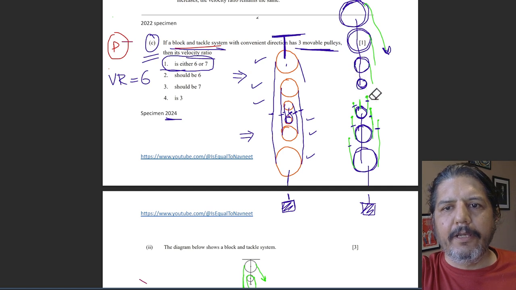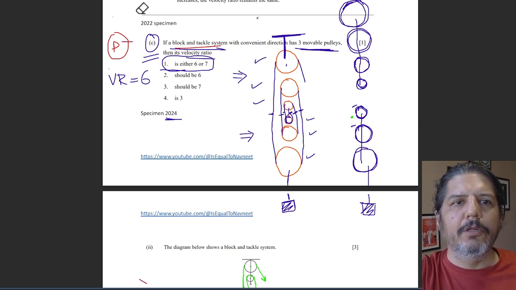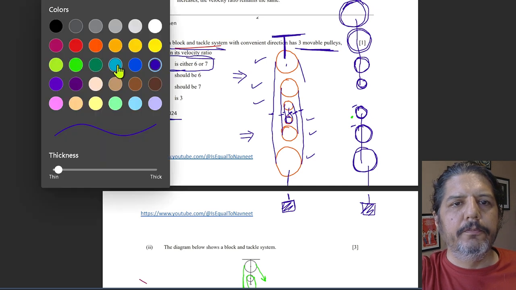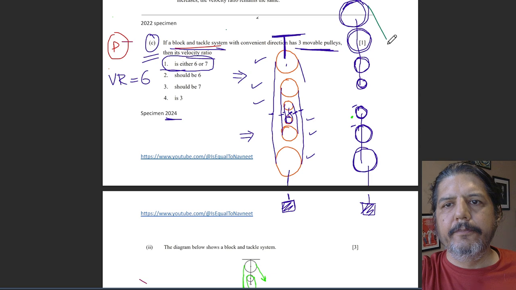But let me try if I can draw that neatly. I'll request you to draw on your own, because only then it will make sense. Because there are so many ropes, it gets messy. So let me try to show, but please try to do it on your own also. This is the free end.